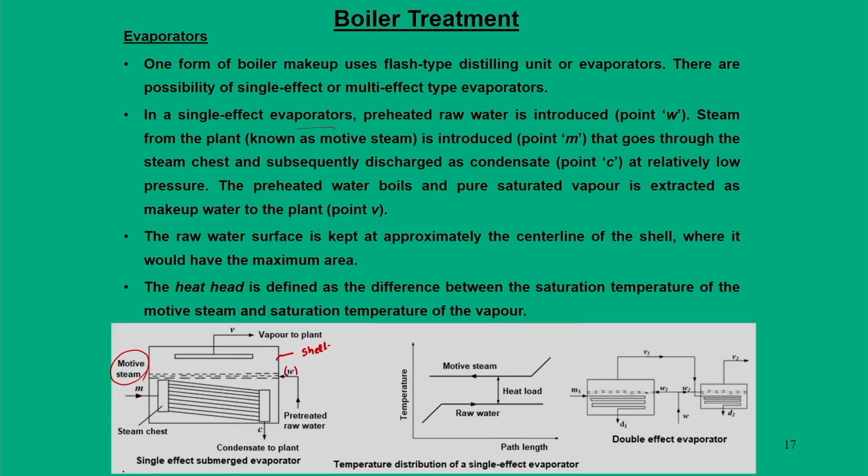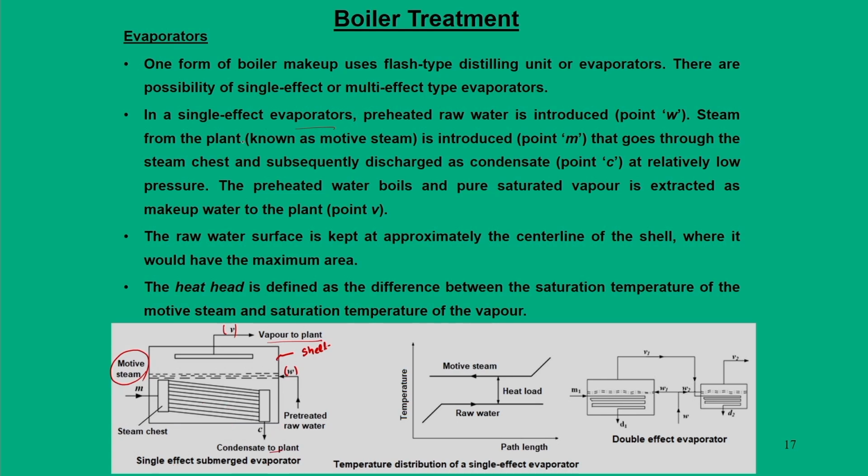They are basically high quality steam, and the pre-treated water gets treated through this motive steam, and only high quality vapor at V goes to the power plant. Essentially, some of the steam is trapped from the turbine, which is very high quality, and this steam takes all kinds of impurities from the pre-treated water and supplies only vapor to the plant, while the condensate leaves the plant for further treatment.